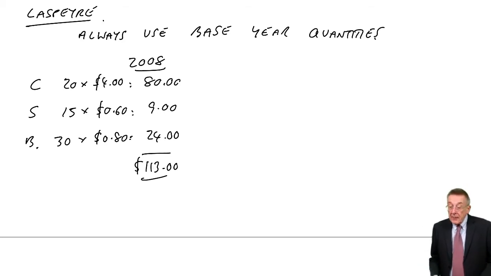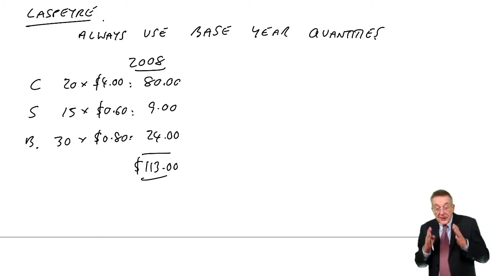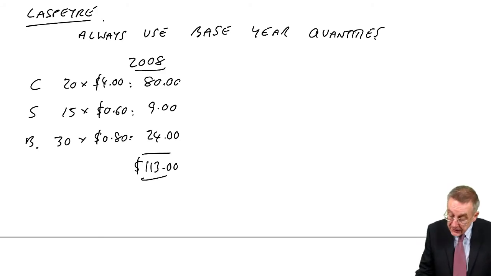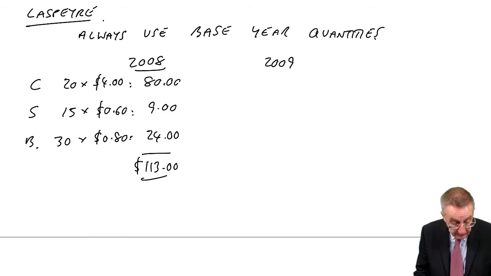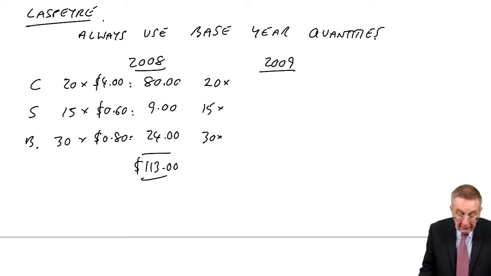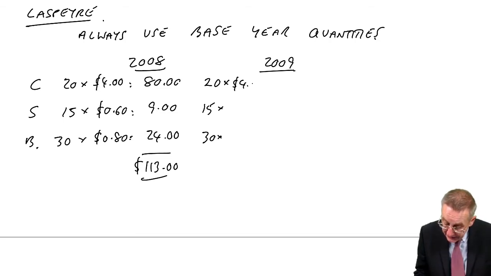Before we get the index number, we then work out what the same shopping basket would have cost in 2009. So the same shopping basket, it'll be 20 coffees, 15 sugars, 30 breads. But the price, coffee was $4.50.